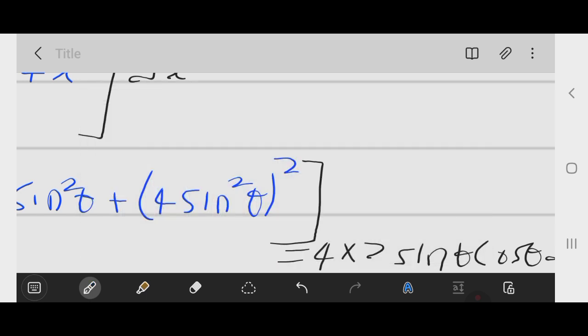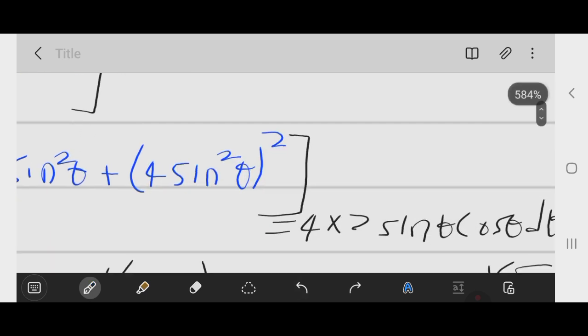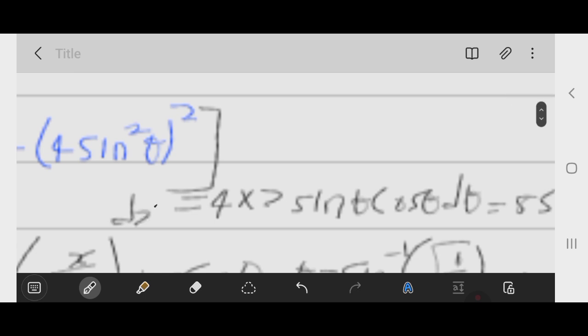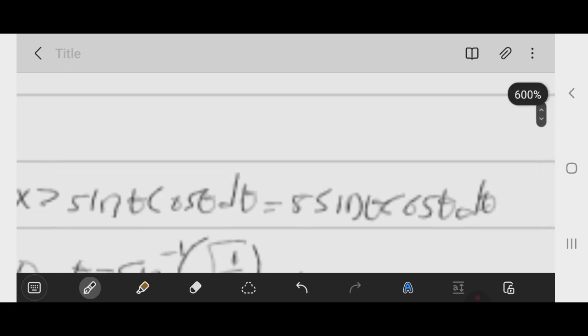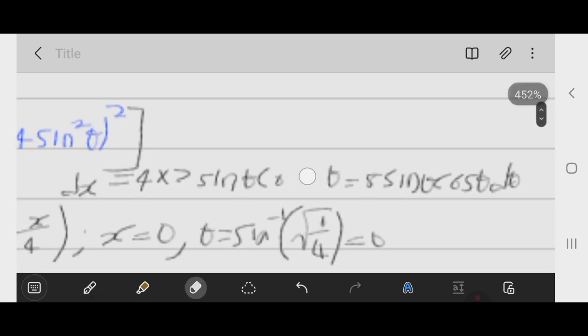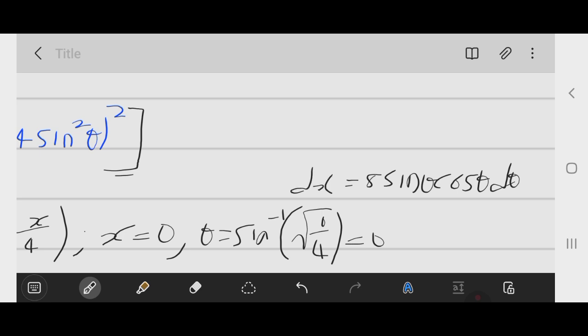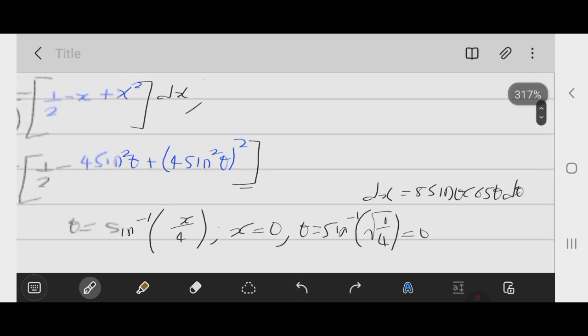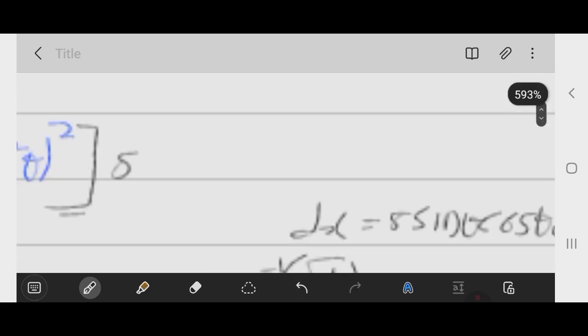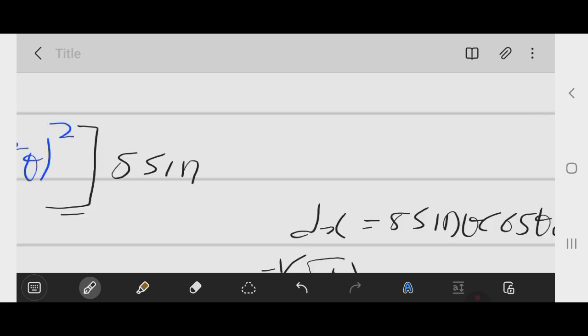Now, not dx this time. Remember, dx is equivalent to 8 sine theta cos theta d theta. So I'll just fix it here.